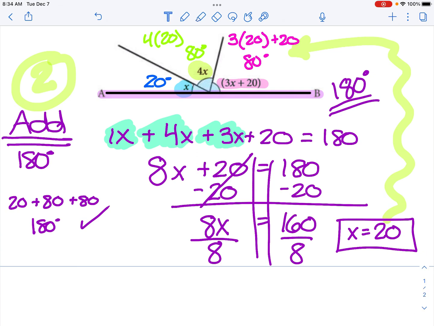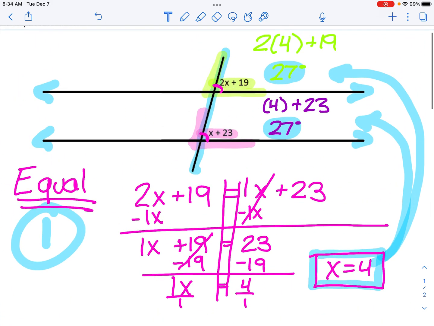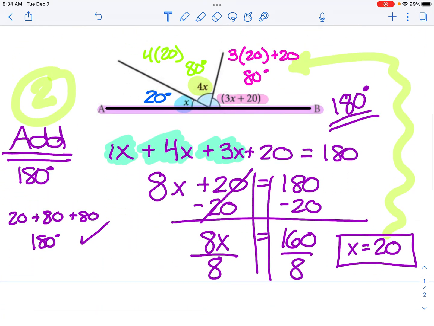It might be to 180 if it's a straight line, 90 degrees if it's a right angle, 360 degrees if you have a full circle of angles, or you might be in a situation like our first example where your two angles are the same angle and you're setting them equal. So it's up to you to determine which of these two strategies you're going to use. Do you have two equal angles, or do you have angles that add up to a certain sum?